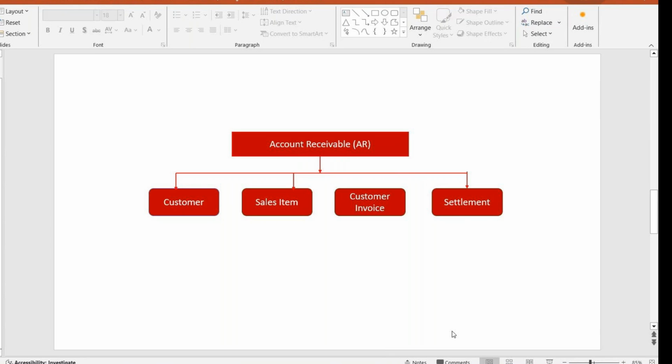How is this, Ganesh? Because you have worked earlier on HCM and also on financials. How do you compare them vice versa? I think in magnitude, finance is much bigger than HCM.